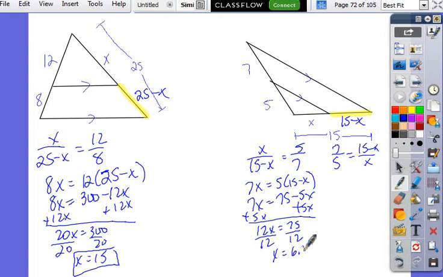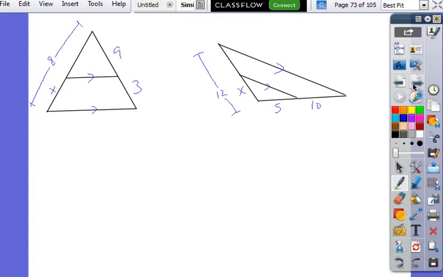That's right. All right, what is my missing piece on this first one right here? 8 minus x. This part is 8 minus x, and then I can say 8 minus x over x, 9 over 3. What's the answer? X over 8 minus x, then you should have 3 over 9. Yeah, you're good.